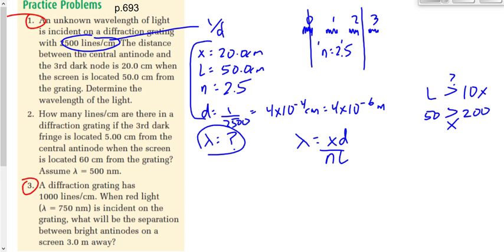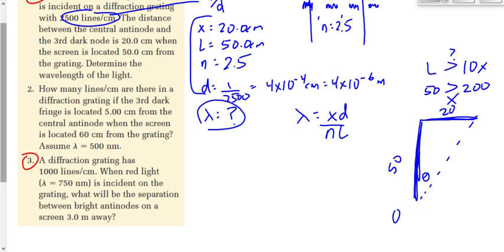So what do we got to do? We got to get theta. Here's the distance from the screen, from the openings to the screen. That value is L, 50 centimeters. Here's X. It's 20 centimeters. I can find theta by using the inverse tan function.